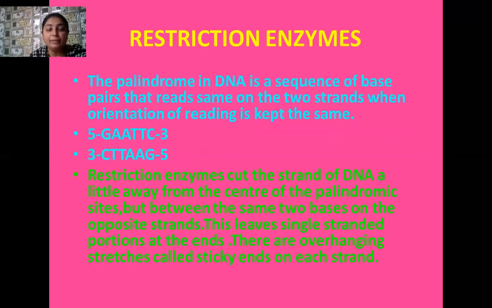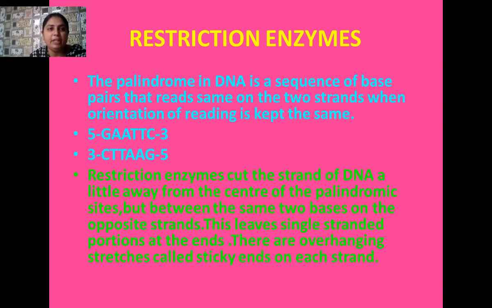Yes, student, here I am going to tell you what palindromic sequences are. A palindrome in DNA is a sequence of base pairs that reads the same on the two strands of DNA when we take the orientation of reading as the same.